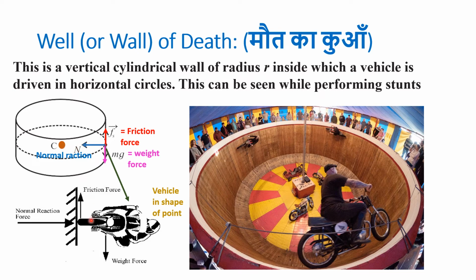The force of friction exists between the wall and the tire. It is always acting in upward direction. Whereas the weight of this vehicle is always acting in a downward direction. Its weight is always given by mg.